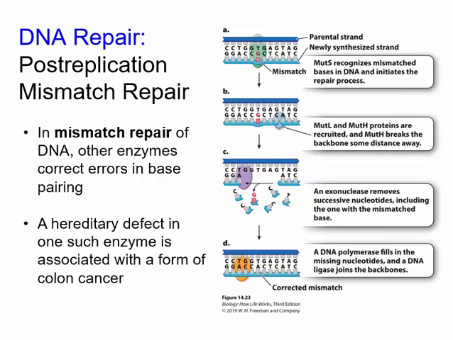Now, if DNA polymerase misses something, keeps reading through it, doesn't proofread a mistake out, that's not the end of the world. So something called mismatch repair can occur. So here we see the mismatch. This should be an adenine, not a guanine.